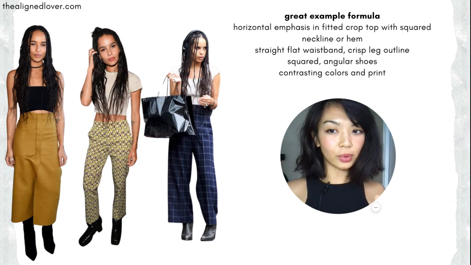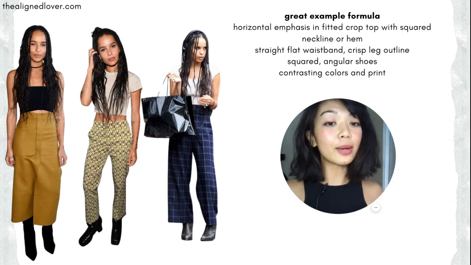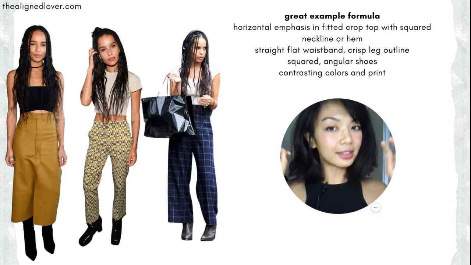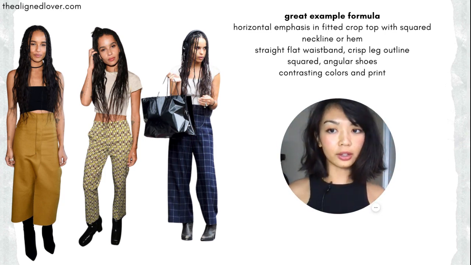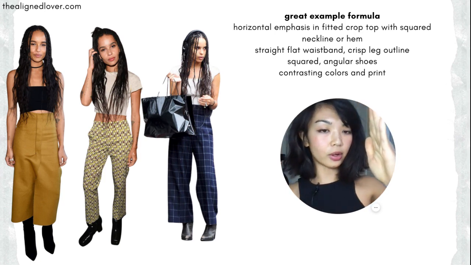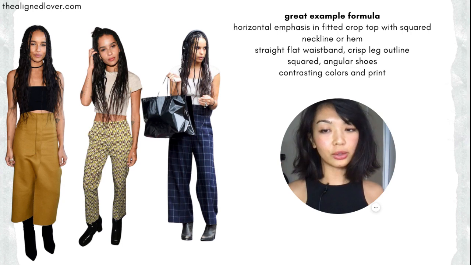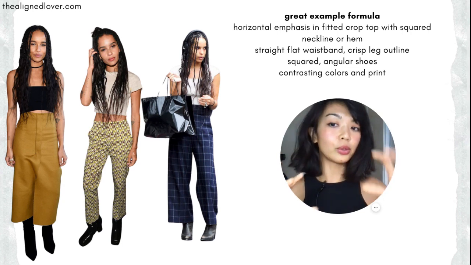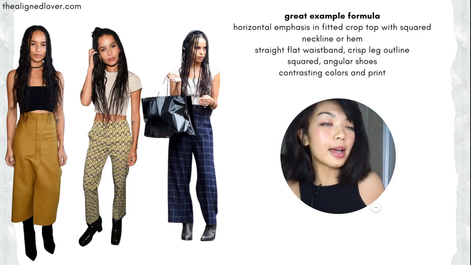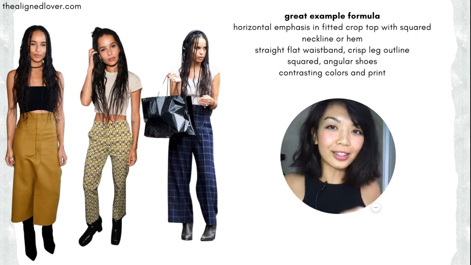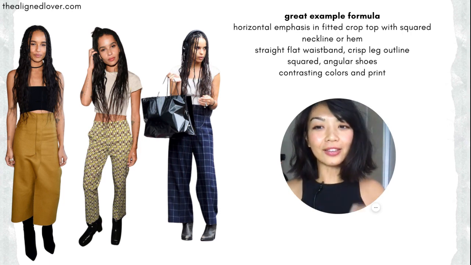Here is a case where having a little bit of excess fabric, or rather non-skin tight fabric, actually creates a leaner look because you are imposing more of those angular, clean edges onto the body as opposed to tracing out actual limbs that usually look a little bit more round, because that is the nature of limbs.